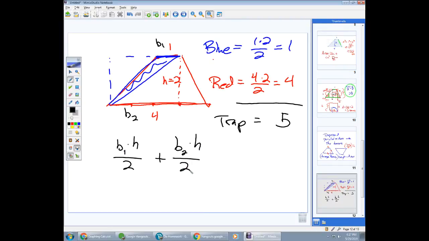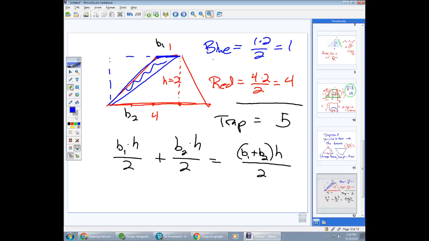What do these things have in common? Well, they have a height in common, and they have a 1/2 in common. So I can factor out the height, and I can factor out the half. And what's left behind? The bases. Base 1 plus base 2.